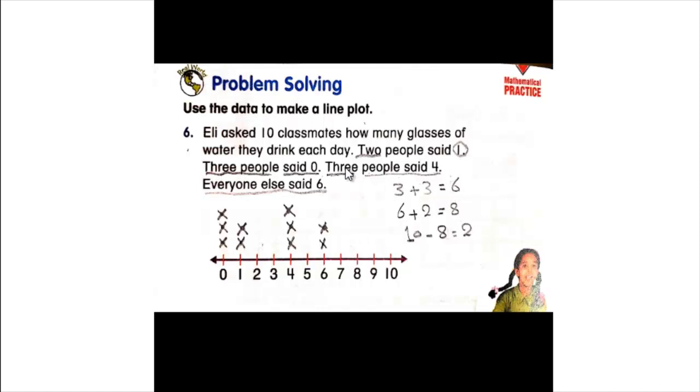Okay, 6 plus 2 equals 8. And total number 10 minus 8 equals 2. Okay, so everyone else said 6, here in front of 6, draw two plots to represent two people. 1, 2.